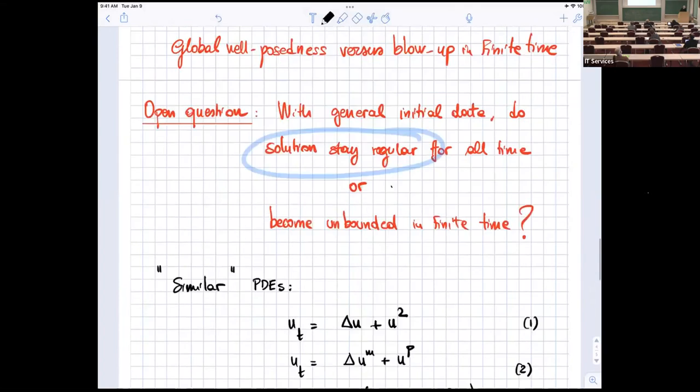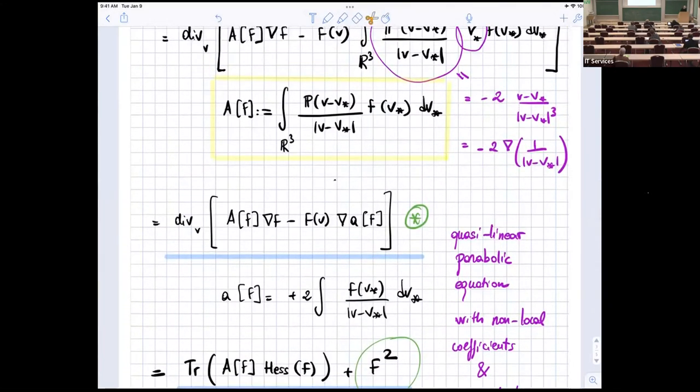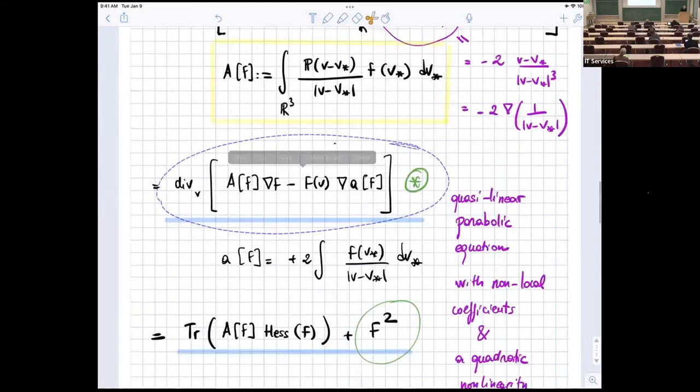So if you remember, this is the Landau equation.